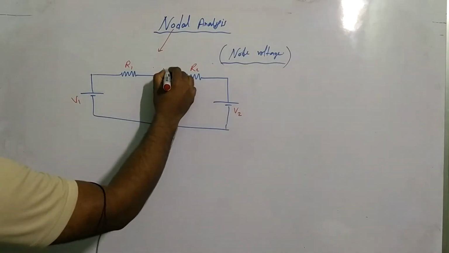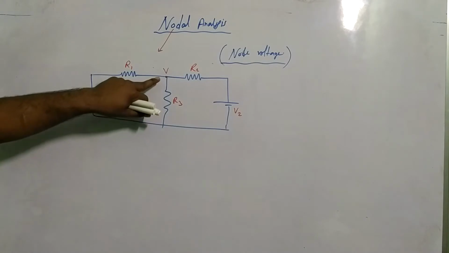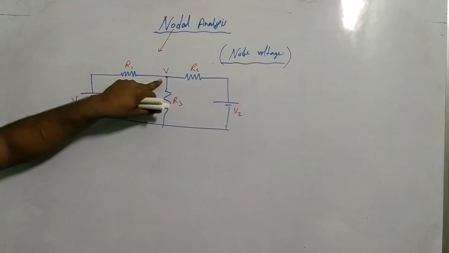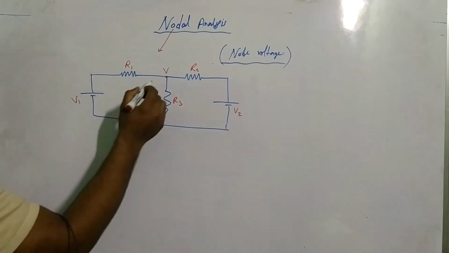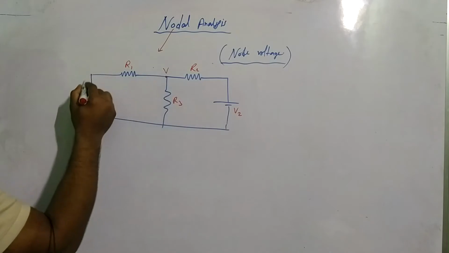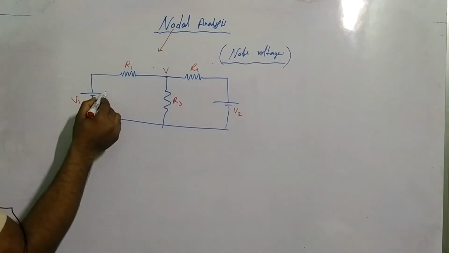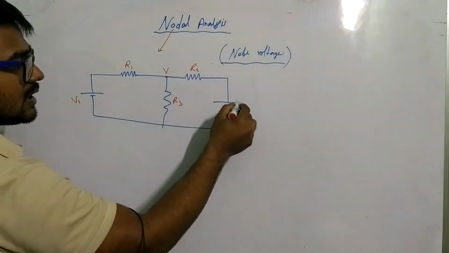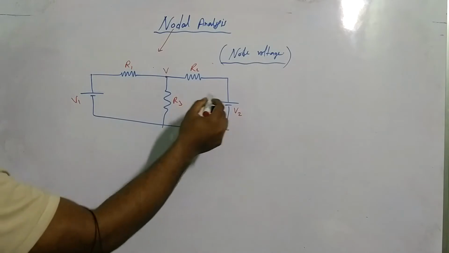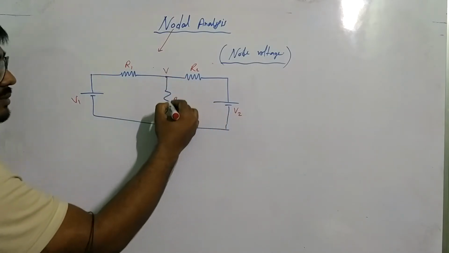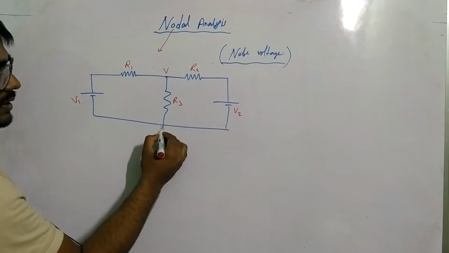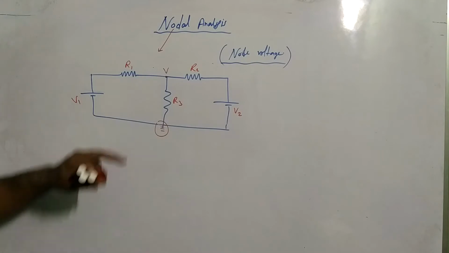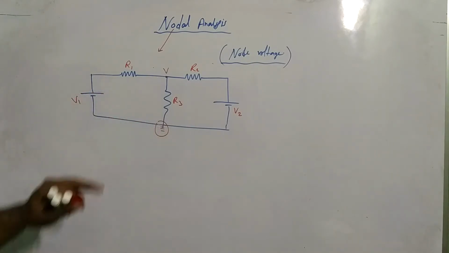Node voltage means node point to ground voltage. If I go through this branch, one voltage source is here. If I go through this branch, another voltage source is connected. But if I go through this branch, one ground is connected. So node voltage means this point to ground voltage.